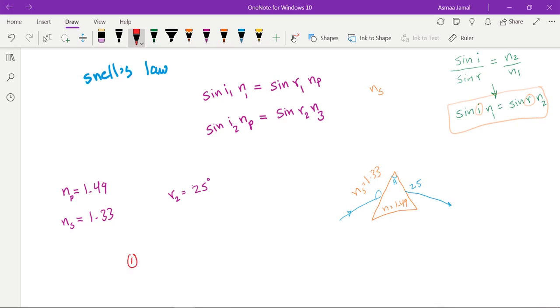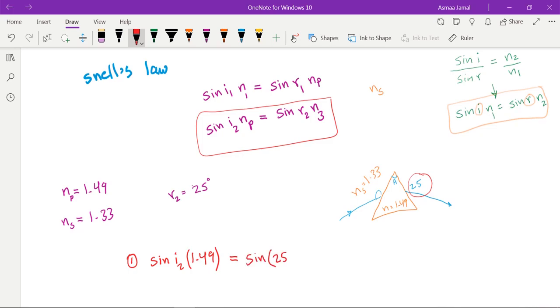So the first step, since we know the second refracted ray, is to use this one: the sine of the second incident ray multiplied by the refractive index of the prism, which is 1.49, equals the sine of 25 multiplied by the refractive index of the surrounding space, which is water, and it's equal to 1.33.